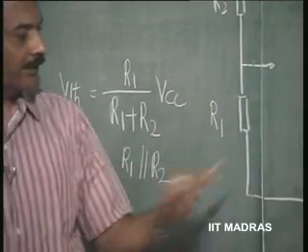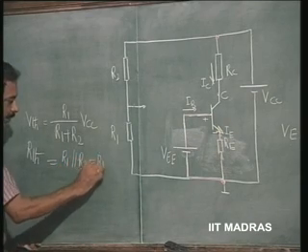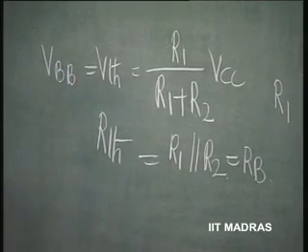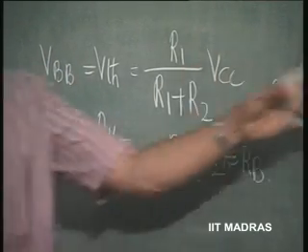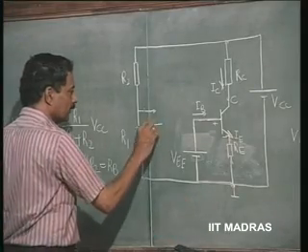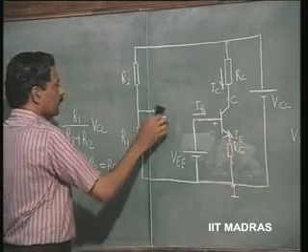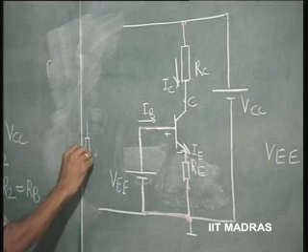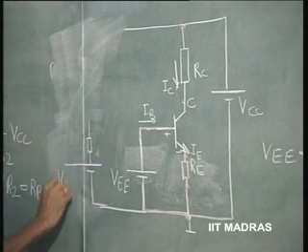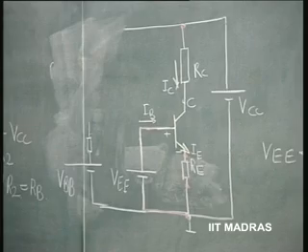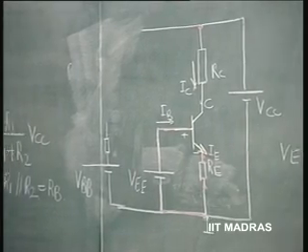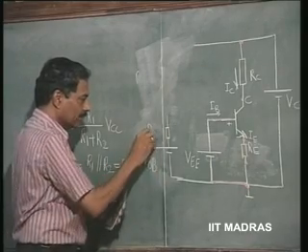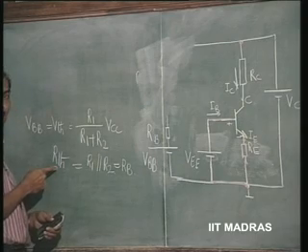So, this R1 parallel R2, we will call this RB, and this Thevenin's voltage VBB, is what is going to appear here if I connect it this way, which means this is equivalent to a battery VBB of magnitude VCC into R1 by R1 plus R2, in series with the Thevenin's resistance RB, which is R1 parallel R2.